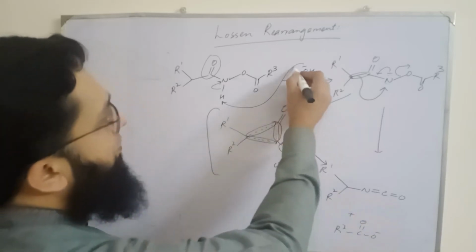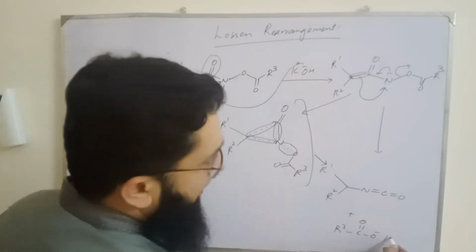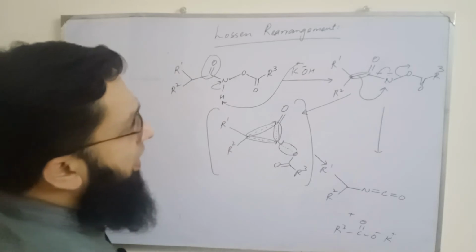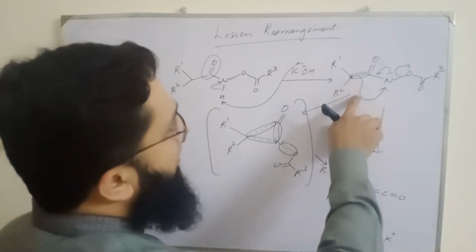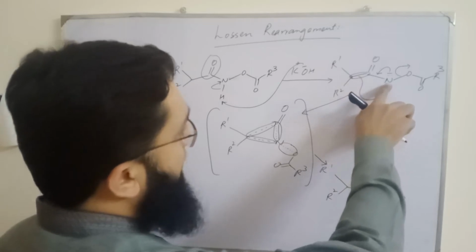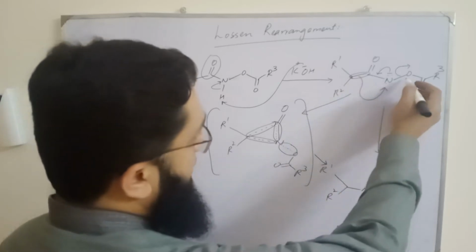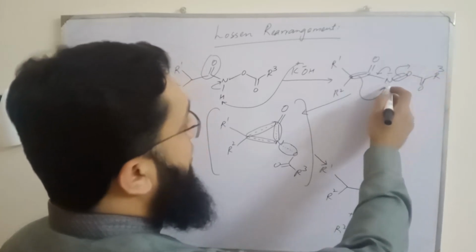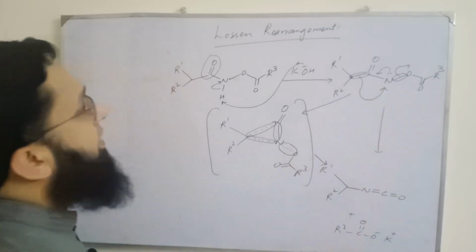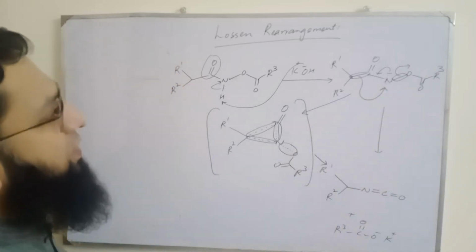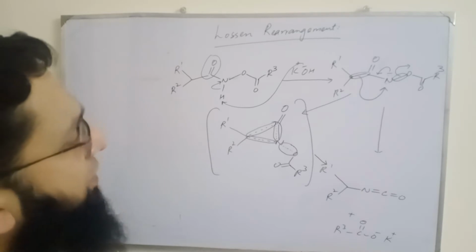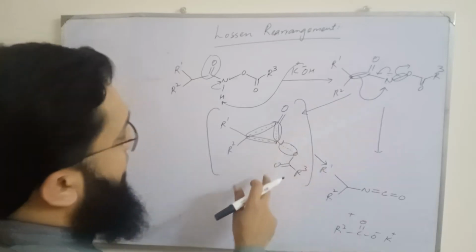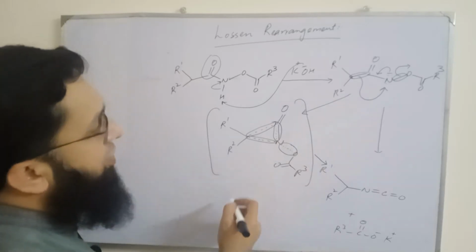If we use potassium here, for example, we would get potassium here as well. So this is the Lossen rearrangement, and here we can see the migrating group is taking its electron pair along and migrating towards electron deficient nitrogen, so nitrogen becomes electron deficient. As a result, this rearrangement is a migration towards electron deficient nitrogen, and from this bridged anion we can see that retention of configuration takes place.